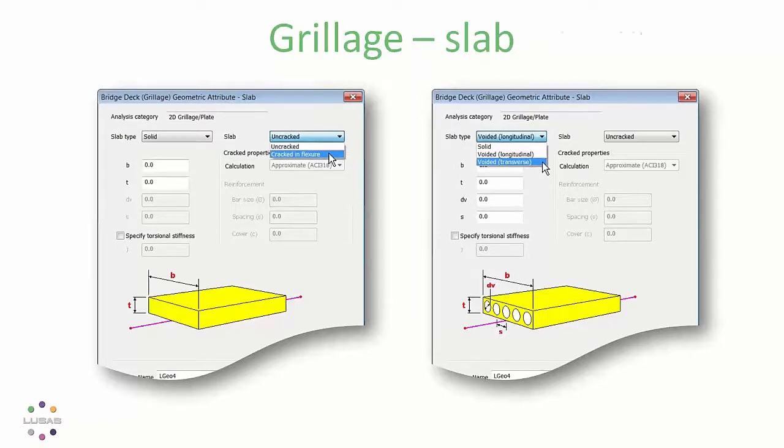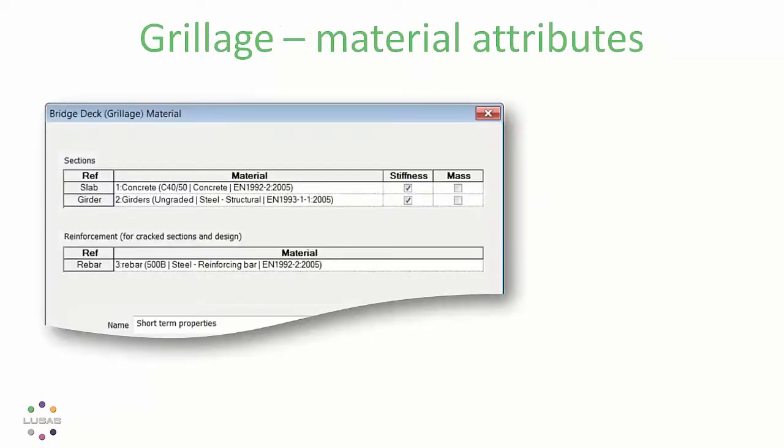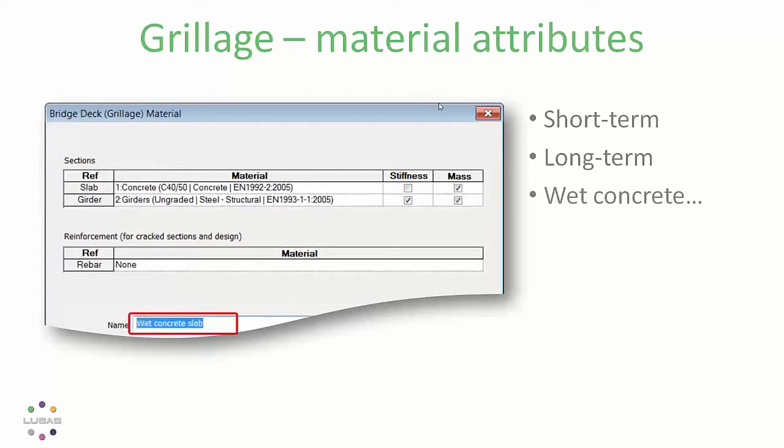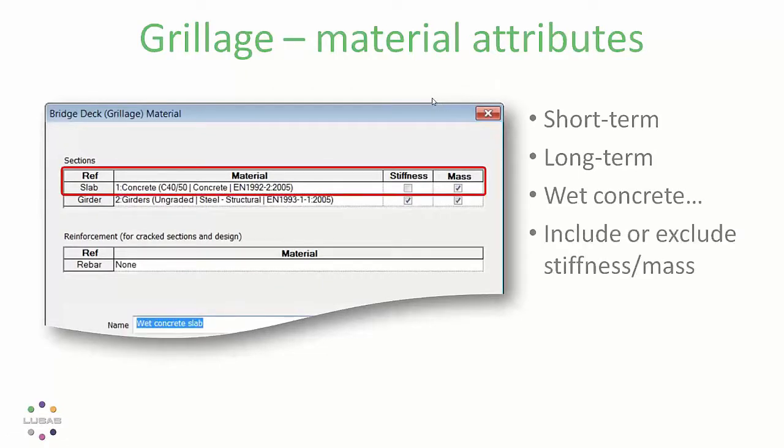Now, to use these grillage sections, we also need to define a grillage material property. And this grillage material property allows you to set the materials for the slab and the girder. So what we could have here is short-term material properties, long-term material properties, and wet material properties. Now, the difference between the long-term and the wet material properties is how we treat the stiffness here.